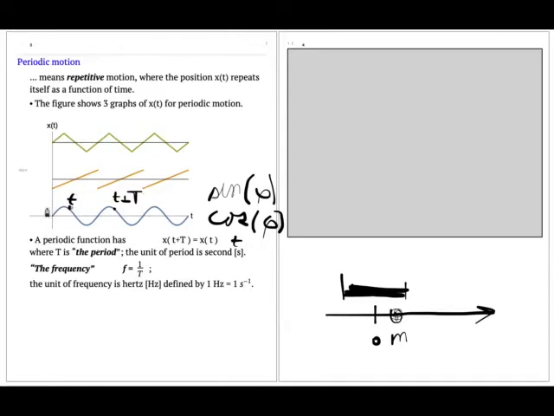So x is this value. x is this value. It's the displacement from the origin.